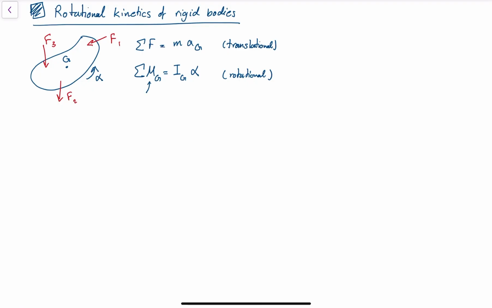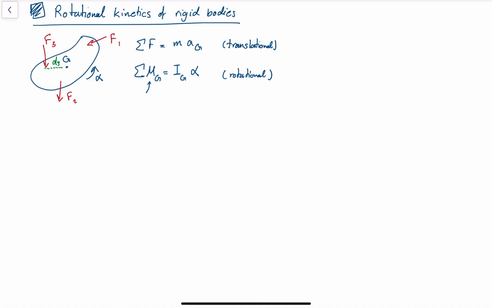So these external moments are the moments of all external forces about the center of gravity. So for instance, if you want to calculate the moment of this force, you find the perpendicular distance, let's call it d3, and calculate the moment.